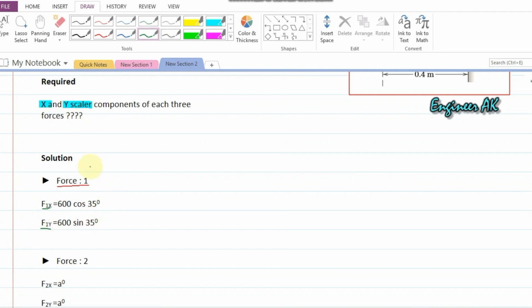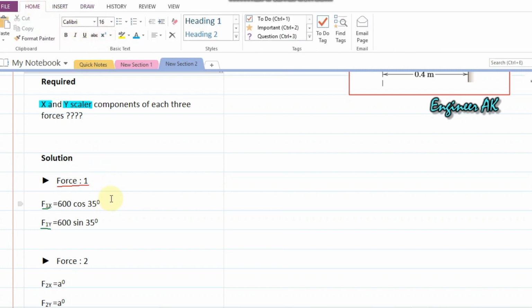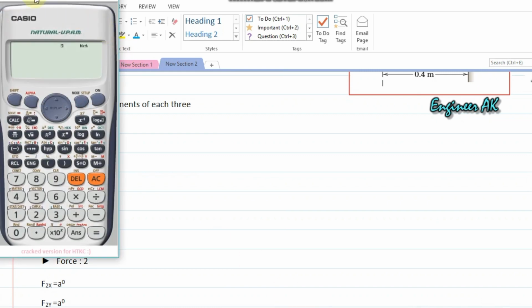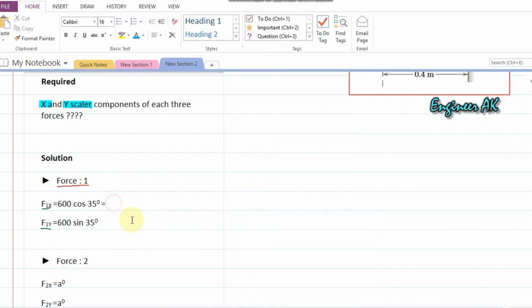If we calculate it, let's plug in the values. 600 cos of 35 comes out to be 491 Newton.